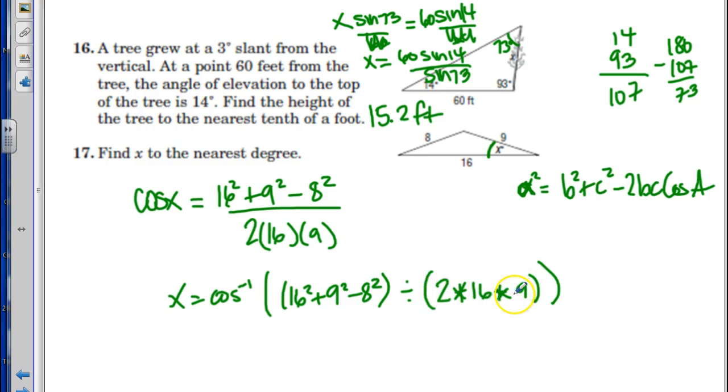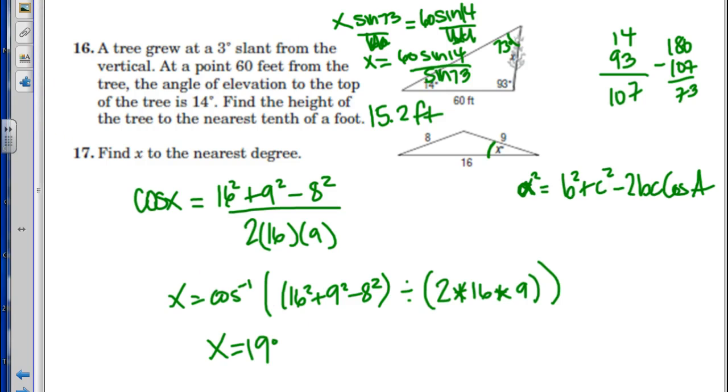So instead of dividing by this whole thing, it'll just divide by 2. It messes everything up. You get a domain error. It's wrong, more importantly. All right, so when we finish this, we're supposed to round to the nearest degree. And so that gives us 19 degrees after popping that in on our calculator.